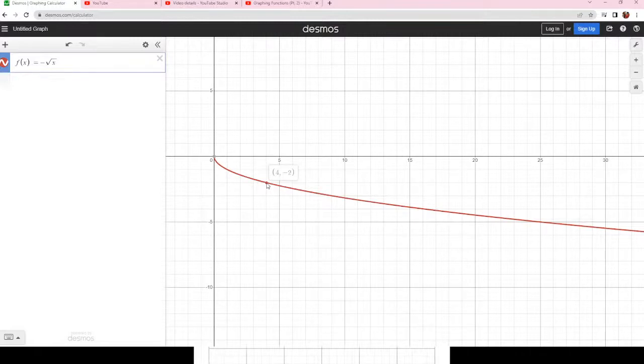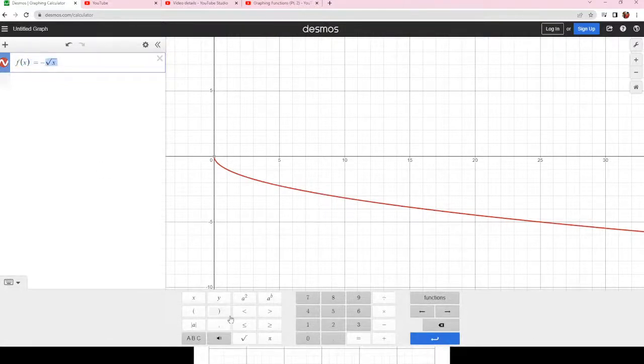But the big thing I want you to take away from this lesson tonight is how to see answers on a graph and how to put it in Desmos. So hopefully, if nothing else tonight, you can look at a worksheet, put in exactly what you see on the worksheet using these buttons down here, and I hope I've done a decent job showing you what buttons to press for what.